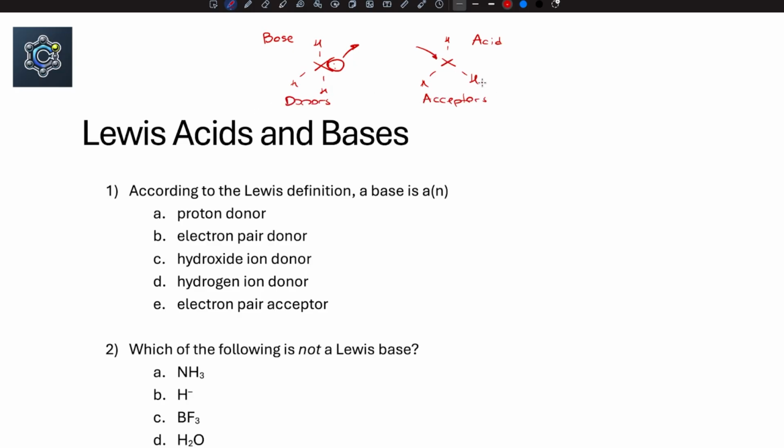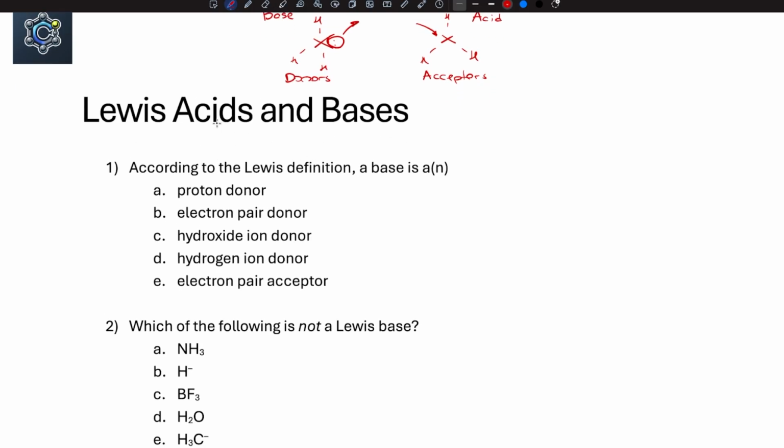It's almost the opposite of what we talked about in Bronsted-Lowry, except this time we're considering electron pairs instead of a proton. The Lewis definition is really useful to describe compounds or molecules as acids and bases when they don't have protons being accepted or donated. It describes a whole broad spectrum that Bronsted-Lowry wouldn't be able to describe.